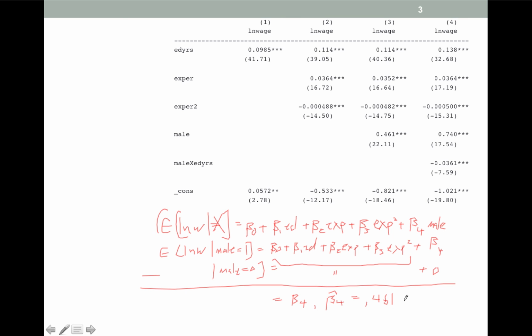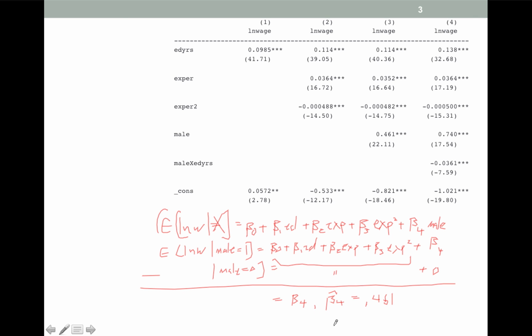Now, this is too large for that approximation that we used before to work. So saying that this means that males get paid 46% more is not that great an approximation for what's really going on.